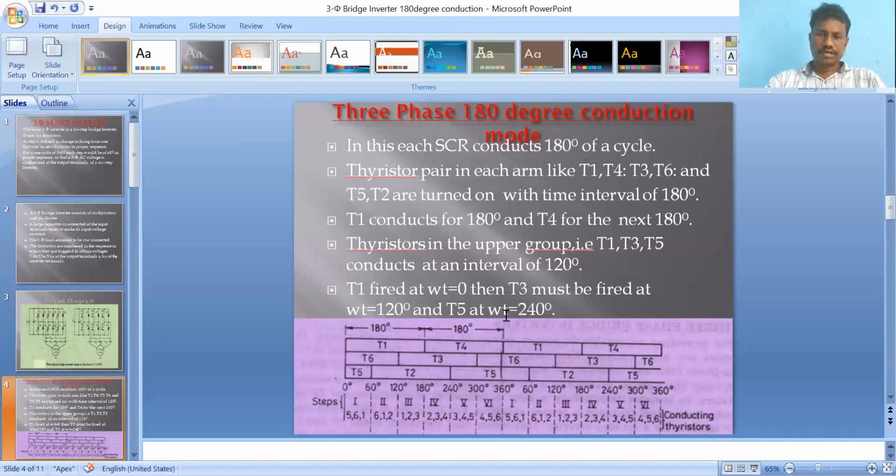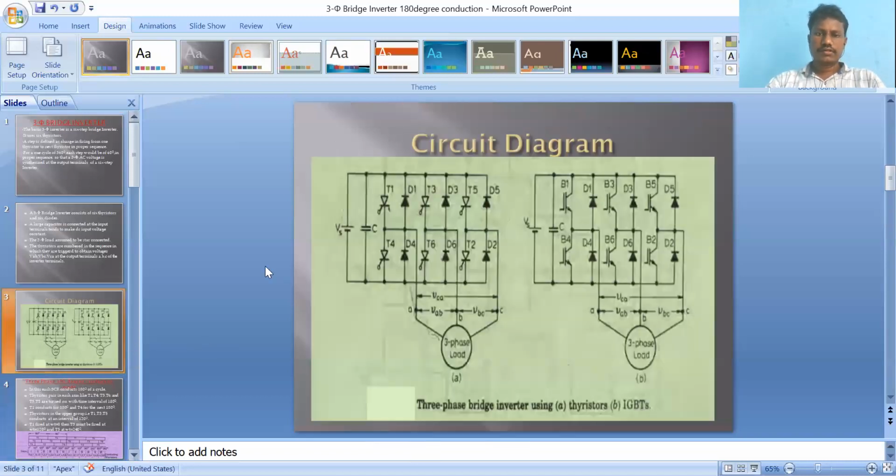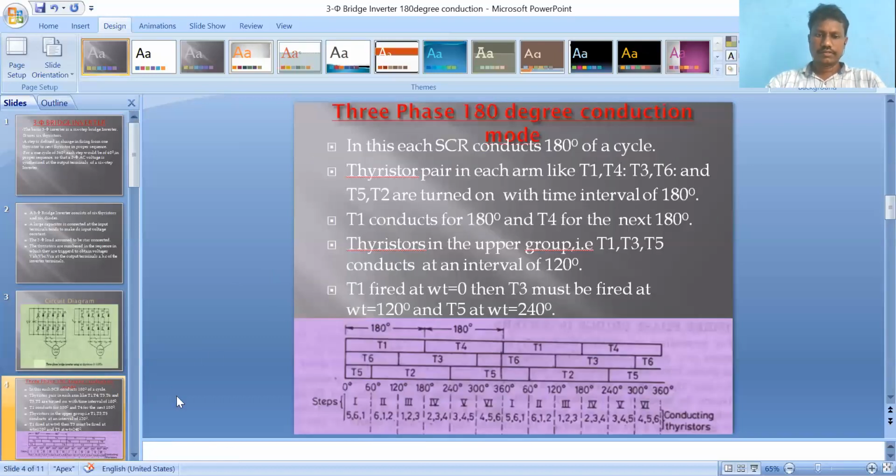Listen carefully. The first limb consists of T1, T4. So T1 conducts from 0 to 180 degrees, and T4 conducts for the next 180 degrees. So T1 conducts from 0 to 180. Clear? That is the first limb.